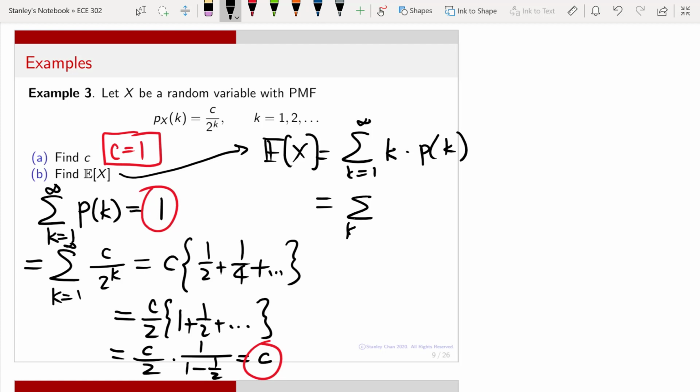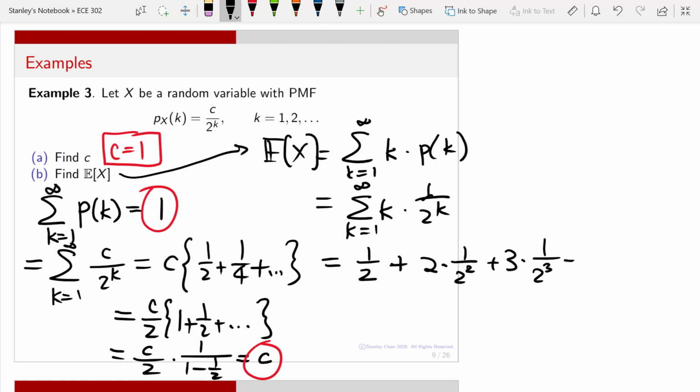This is just the summation of k going from 1 to infinity of k times 1/2 to the power k. And this will give us what? This will give us 1/2 plus 2 times 1/2 to the power 2 plus 3 times 1/2 to the power 3, and so on.